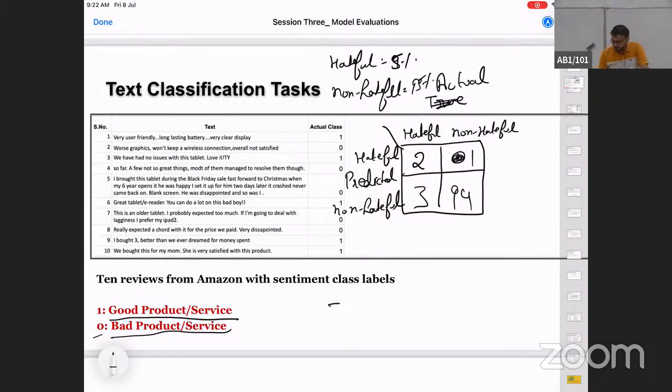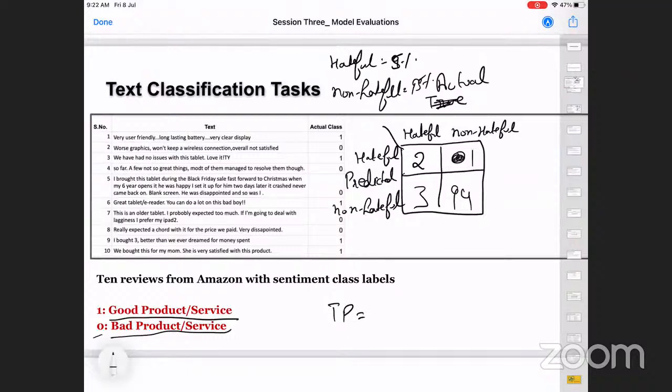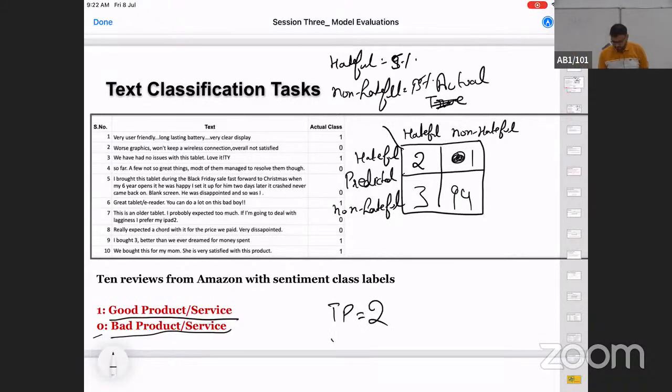So how many true positives are there? We have two. Okay. And false positives? Three or 1?